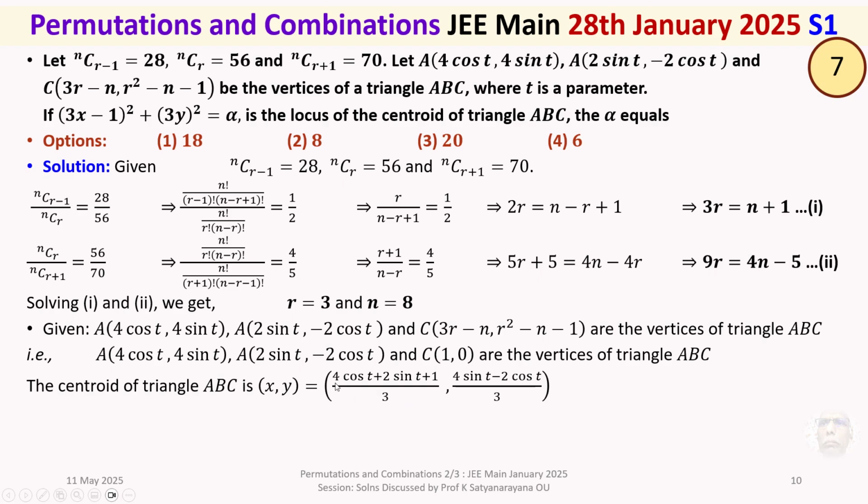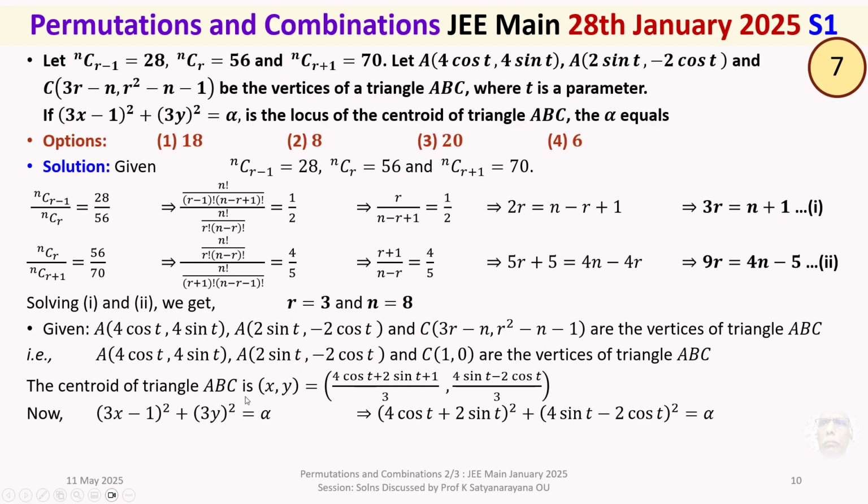Now x is (4 cos t + 2 sin t + 1) by 3. 3x will be 4 cos t + 2 sin t + 1. 3x - 1 will be 4 cos t + 2 sin t. So the locus of the centroid is (3x - 1)² + (3y)² = alpha.